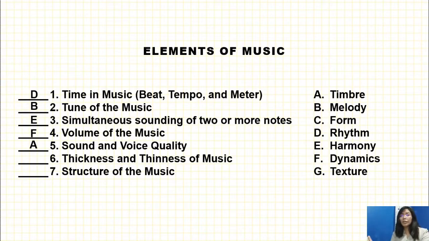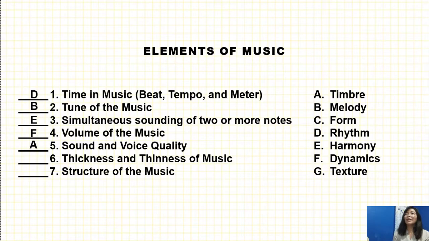Each culture has its distinct timbre, so we can easily identify, for example, Chinese music. Remember last quarter? Next, number 6, thickness and thinness of music. It deals with how many sounds there are.